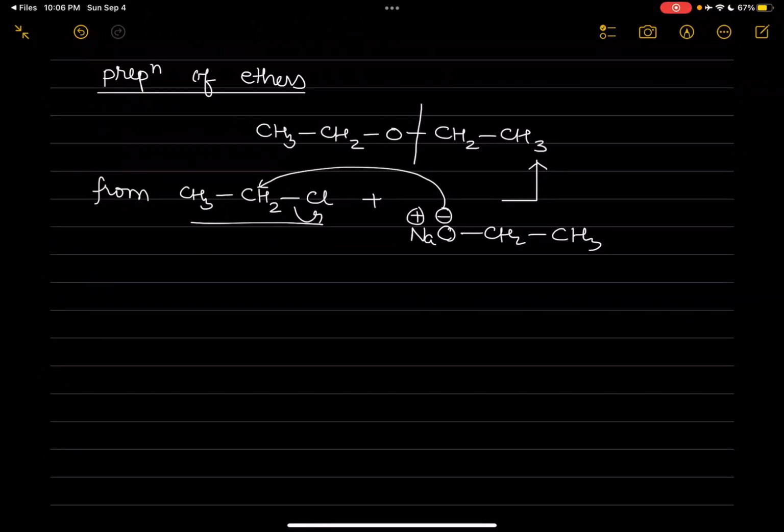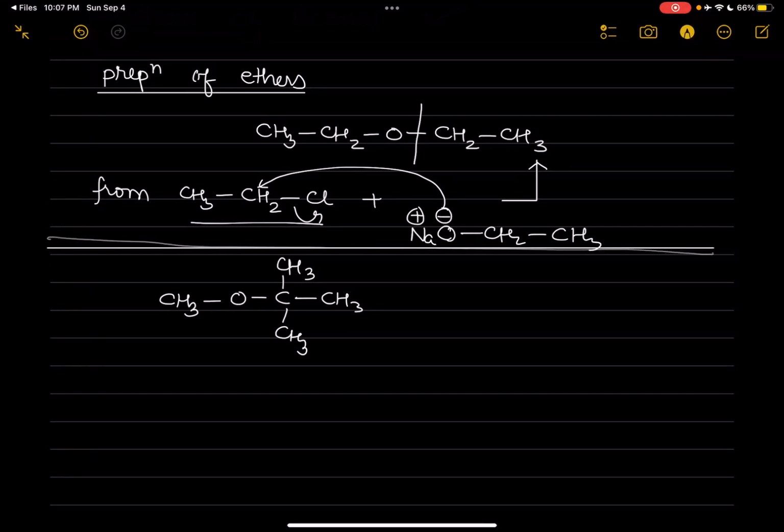So let me ask one question which is very famous everywhere. It is asked. You may know it, and if you know it, we can move to the next concept. What is the appropriate method to prepare this ether? A common name is tertiary butyl methyl ether, because you have the tertiary butyl group on the right hand side, methyl on the left hand side. So how do you prepare this ether by Williamson ether synthesis?